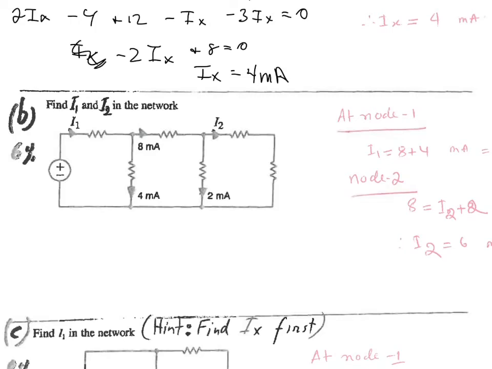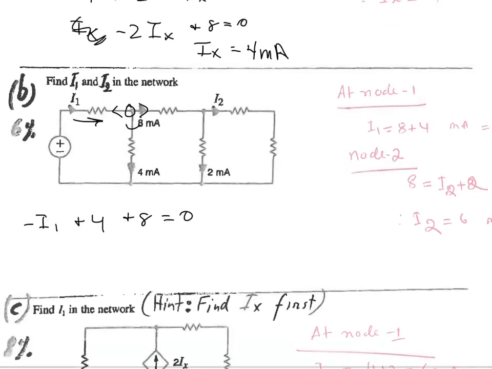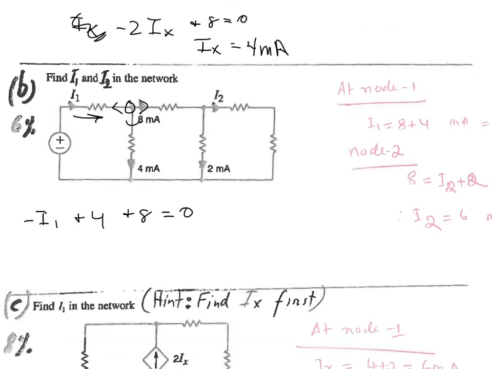Alright, so find I1 and I2. Okay, so no problem. Let's look at this node here. Flowing into it is I1, minus I1. This node here is 4, flowing out 8 is equal to 0, and that is how we end up with 12.